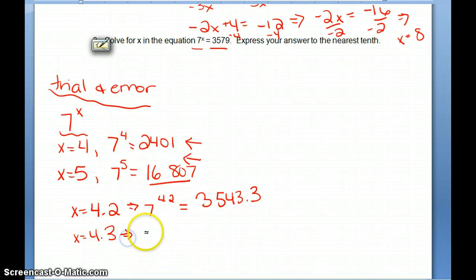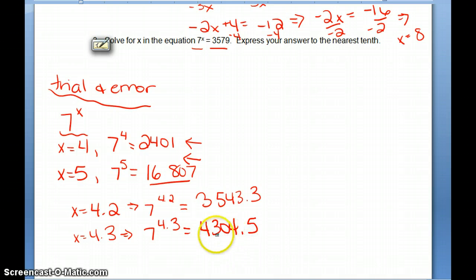We have 7 to the power of 4.3, and there we get 4,304.5. That's already getting way too high. So probably your best guess here is that x is approximately equal to 4.2. Okay, so that's just using trial and error.